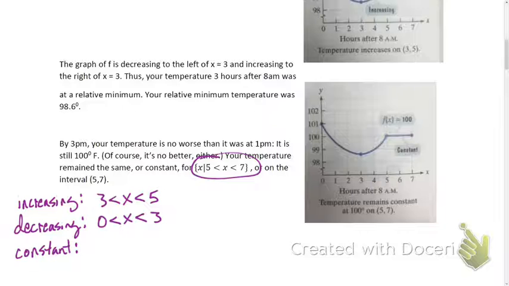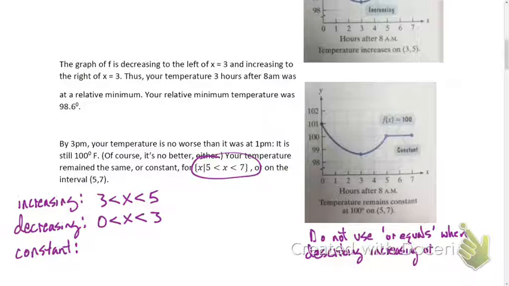But just follow the rule: do not use or equals when describing increasing or decreasing.